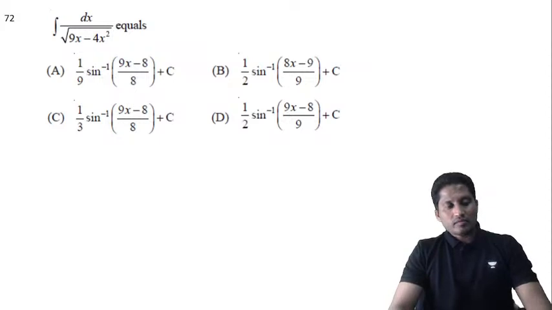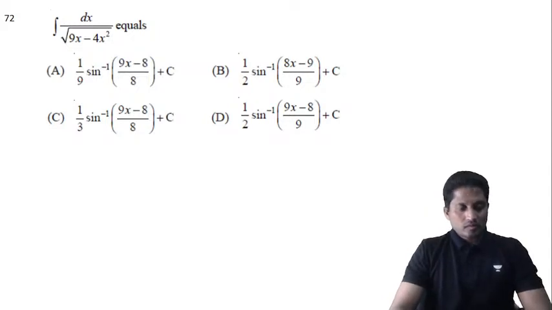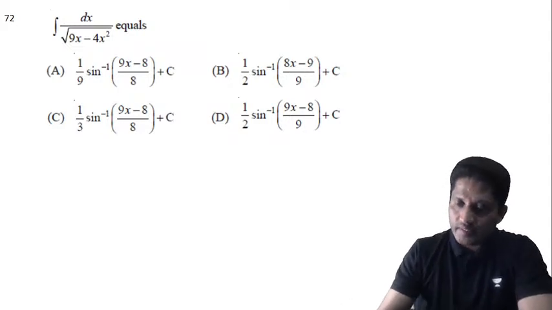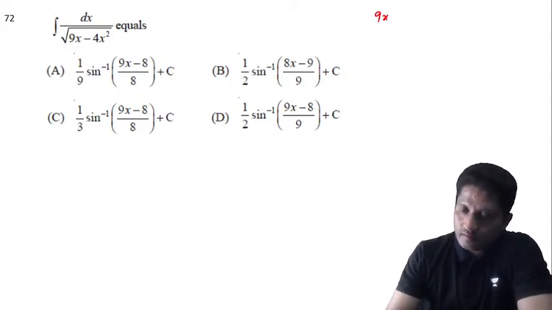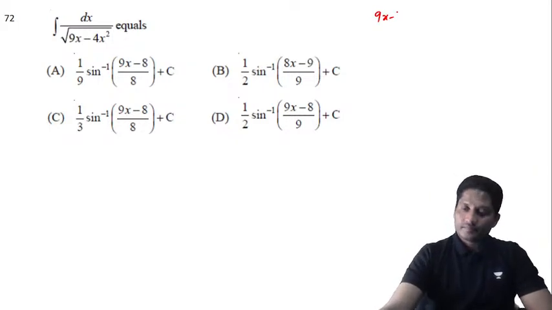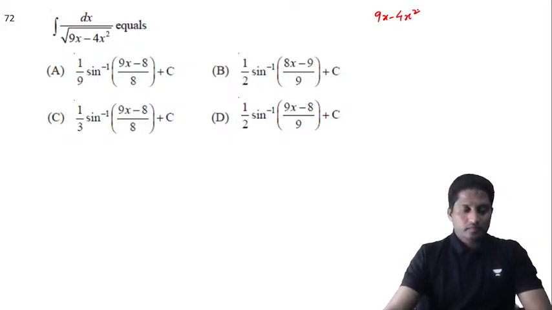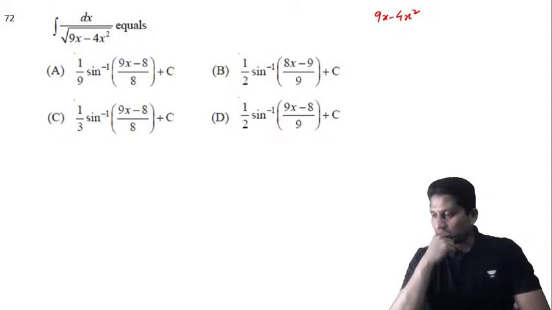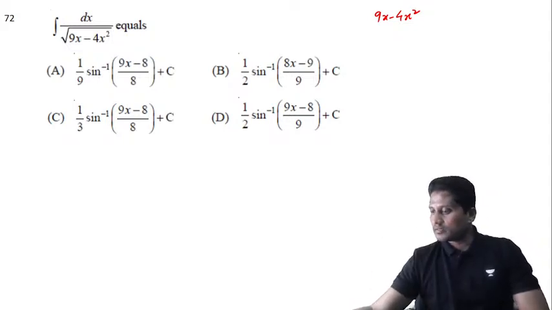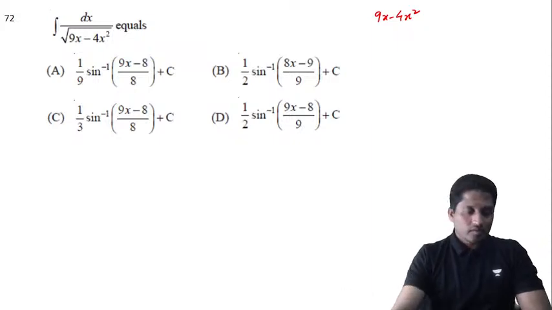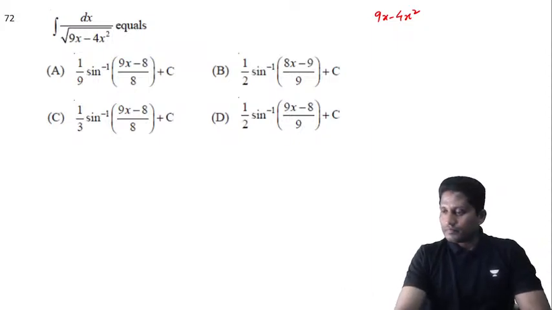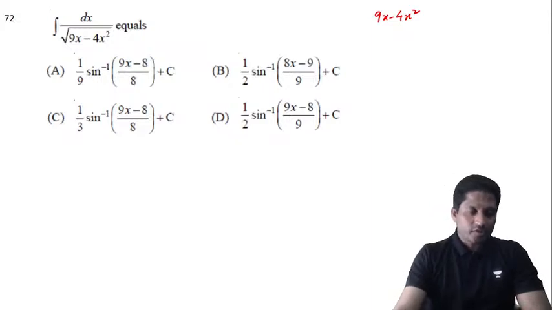Question number 72. We'll complete the squares. 9x minus 4x square. Somebody has already given the key. No, just check.